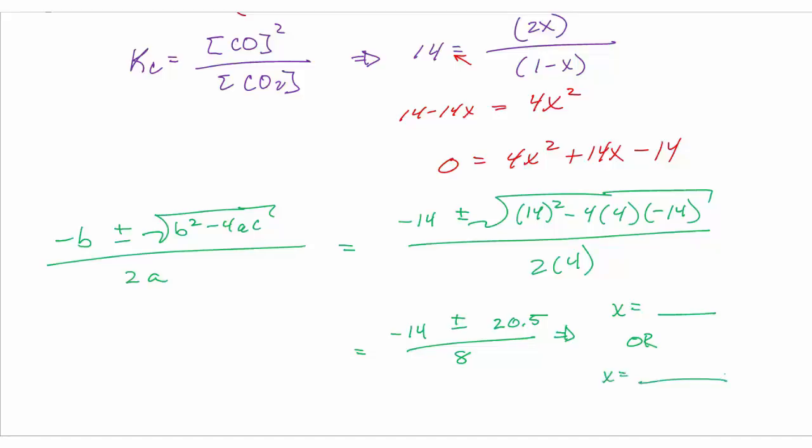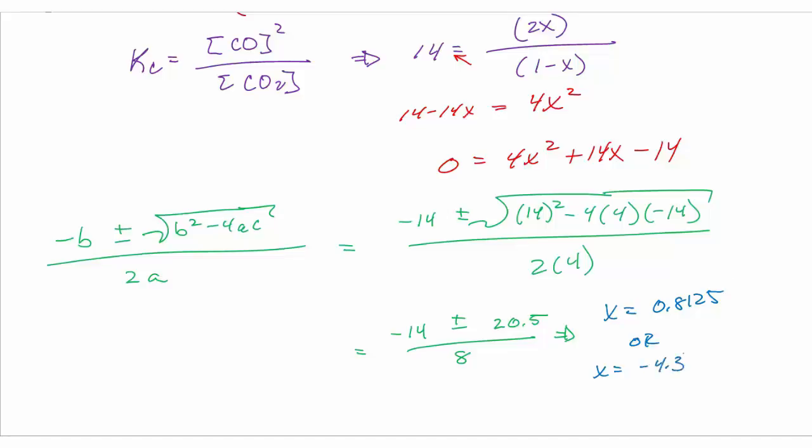So we'll have two possible answers for our x. X could be negative 14 plus 20.5, divided by 8, about 0.8125. Then the other one, negative 14 minus 20.5, divided by 8, negative 4.3.